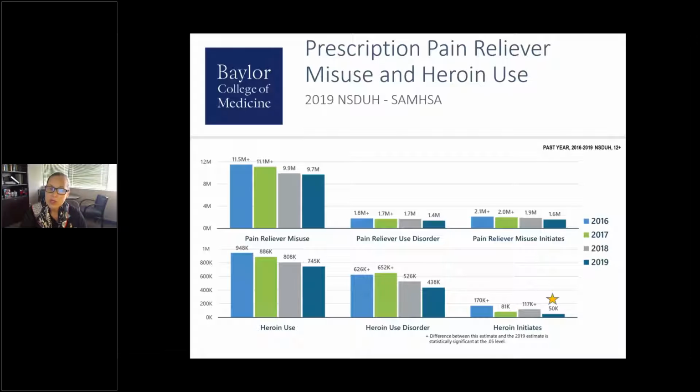Same thing with heroin use, even steeper curves here for decreases in any heroin use disorder, and starting to use heroin. We had a little bit of a bump in 2018, but we're back down and below 2017 data in 2019.